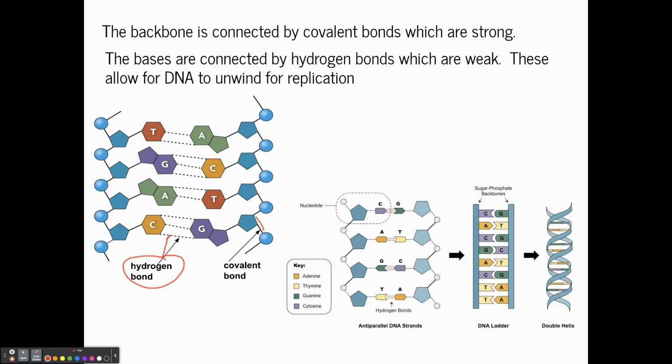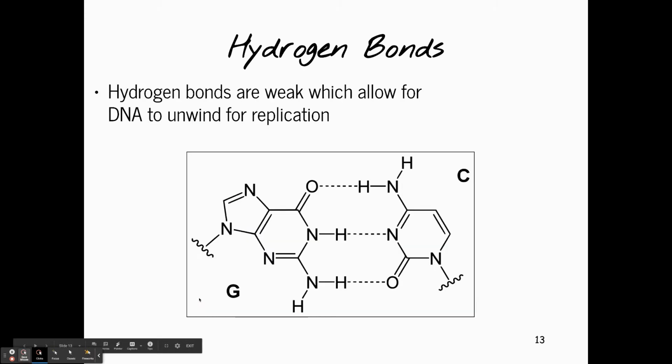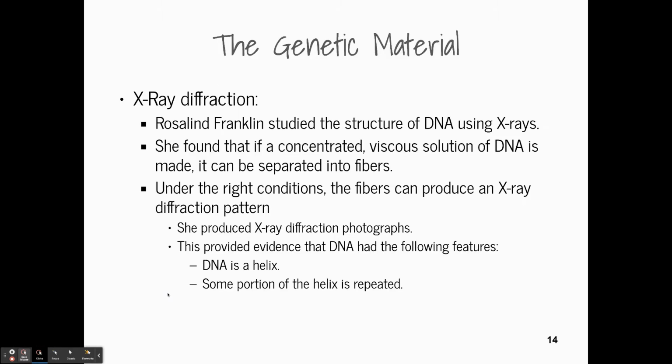So we want these bonds to be weak so that when DNA unzips, not a lot of energy is used to unzipping these hydrogen bonds. So the hydrogen bonds are weak, which allow for DNA to unwind for replication, as we stated once again.